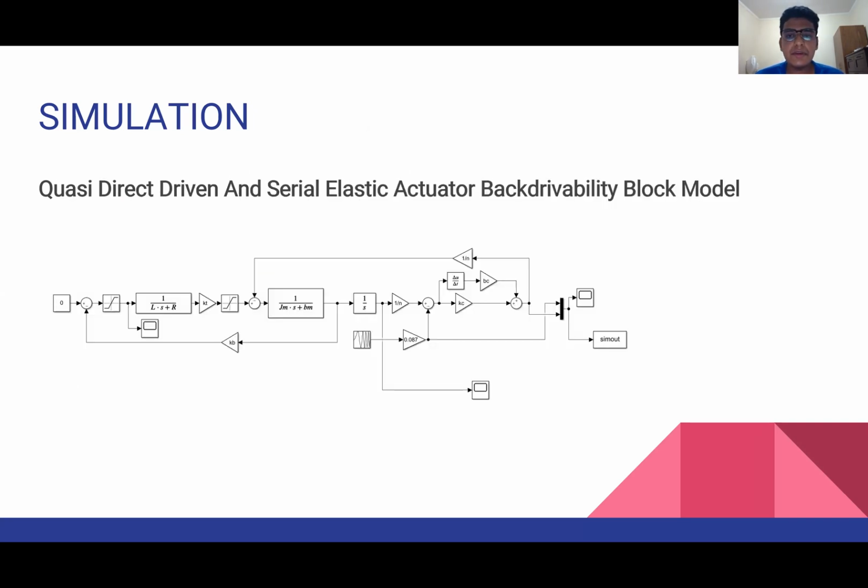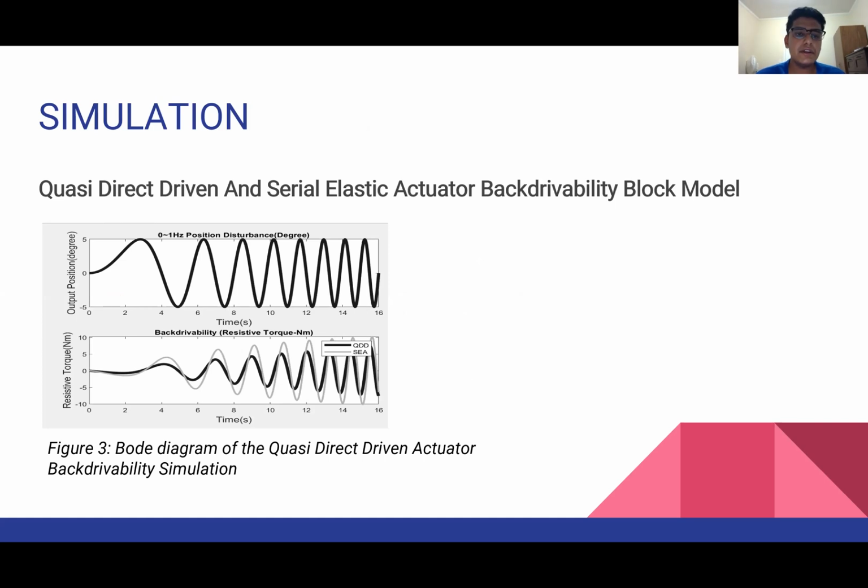Similarly, this was the backdrivability block model that was provided to us by Professor Hausu. I also showed you the hand-drawn mathematical block diagram in the previous slides. And this is the block diagram of the quasi-direct driven actuator and the SEA actuator at the same time.